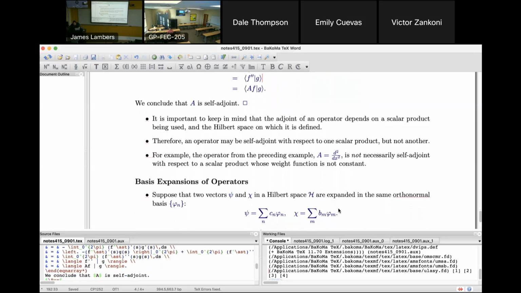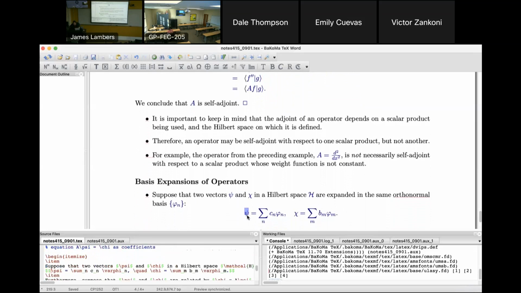Now, we've dealt with basis expansions of functions, like writing a function in terms of an orthonormal basis, like we have here. So psi and chi are expressed as expansions in the same orthonormal basis phi n.